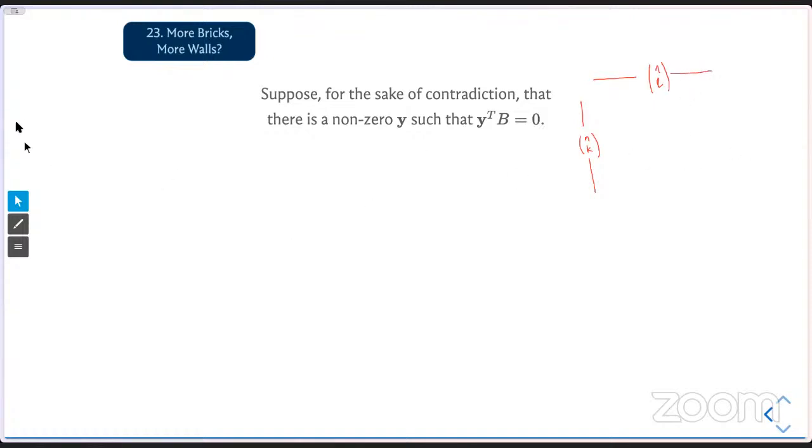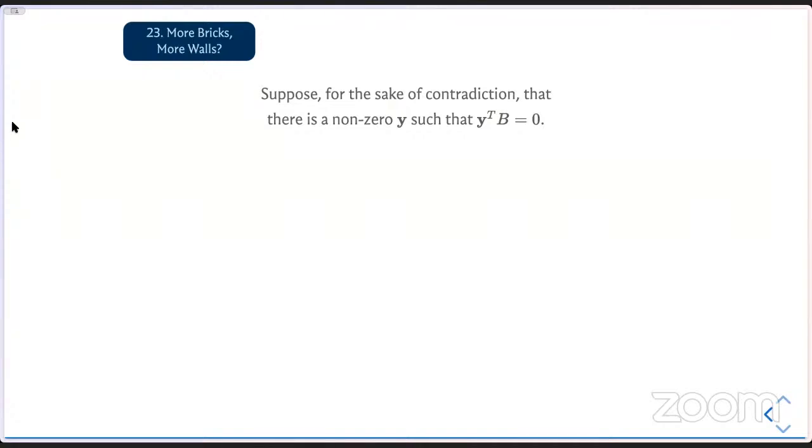So y transpose B is 0, which means, what's the dimension of y? This is the 0 vector again. It's n choose k, right? It's acting from the left, so we need y interacting with each of our columns one by one, and that means y has n choose k entries.